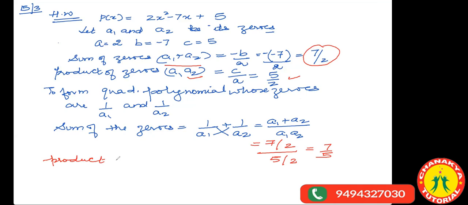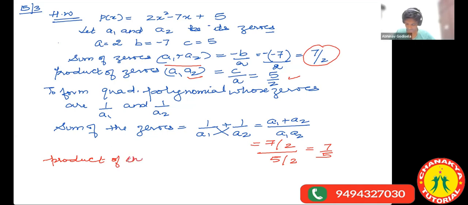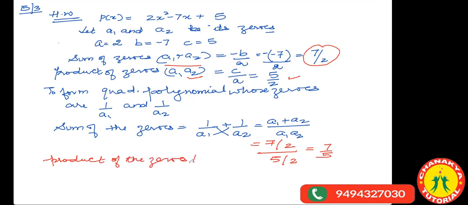Product of the zeros will be 1 upon a1 into 1 upon a2. So 1 upon a1 a2, the value of this is 1 upon 5 by 2, which will be 2 by 5.